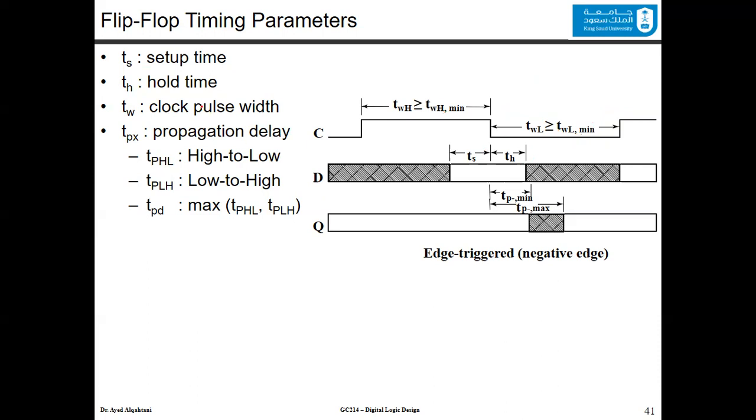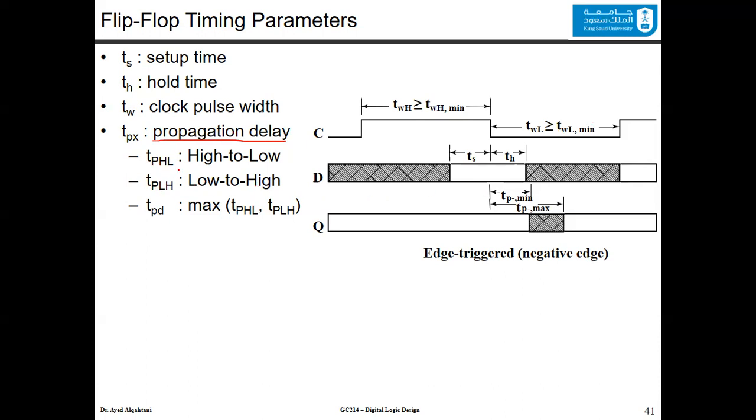Now, one of the important timing metrics is the propagation delay. To understand the propagation delay through any sequential circuit, we need to know the time of the pulse from high to low, and we need to know the time from low to high.